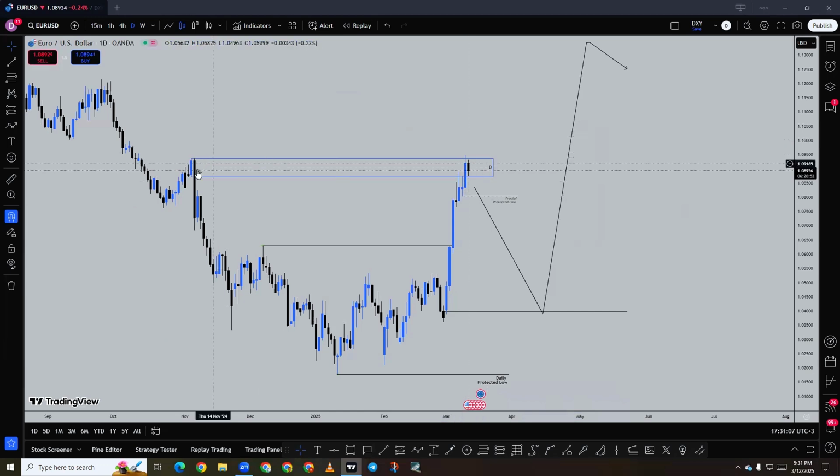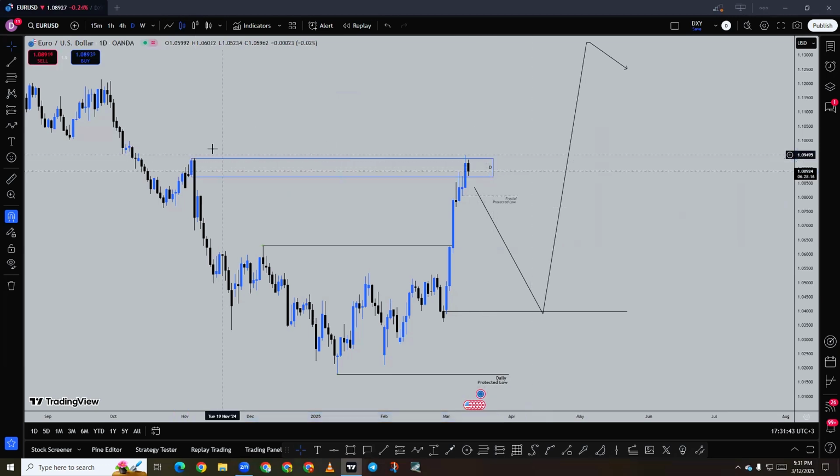Just like I mentioned with the DXY, if the supply order block was not able to stop price and give us those reversal moves to the downside, then it just means that there were not enough orders to counteract the demand, the heavy momentum coming into the market. That tells me that that was a weak zone.